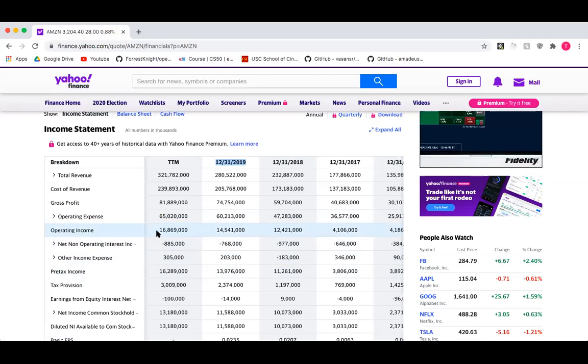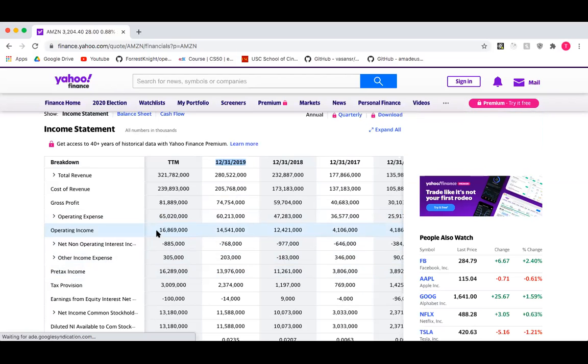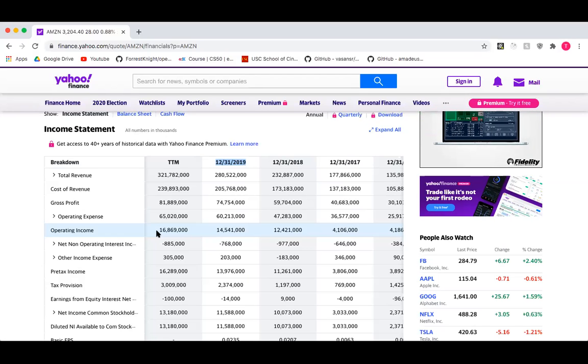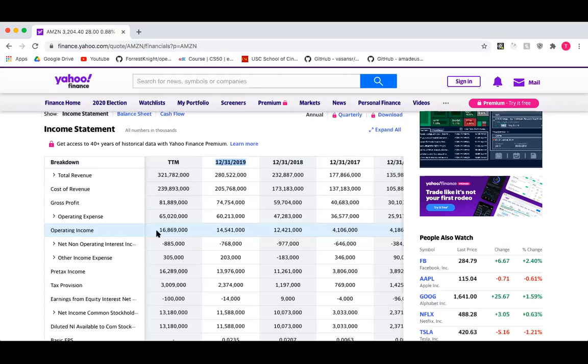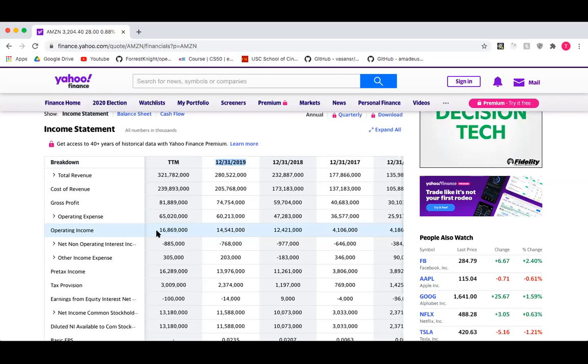So this is really important because it shows if a company was profitable after considering all of its core business activities. And if this is negative, but net income is positive, that's usually not a good sign. That means that the company most likely was able to make their net income positive from something that's a non-core business activity, something like a one-time sale or something that's just not going to recur or happen again in the future.